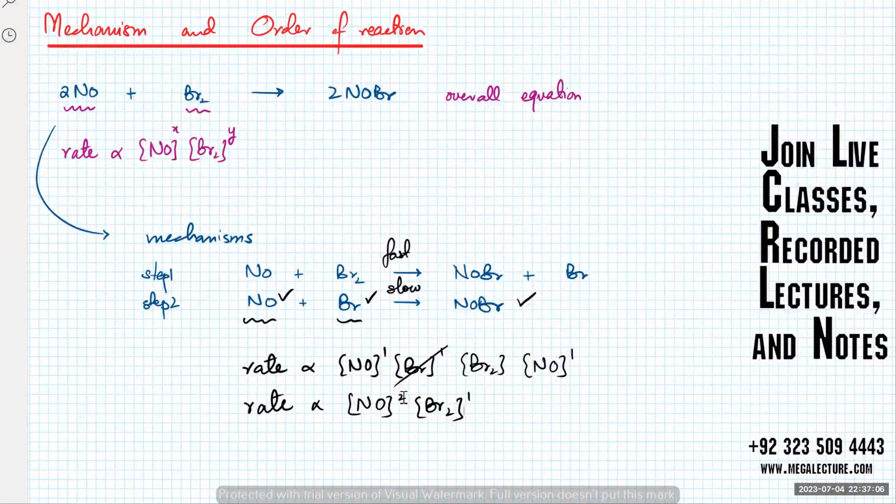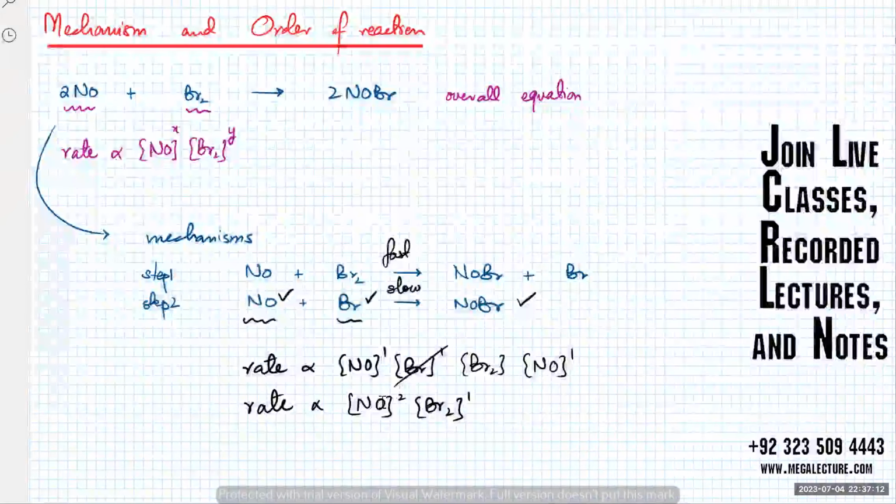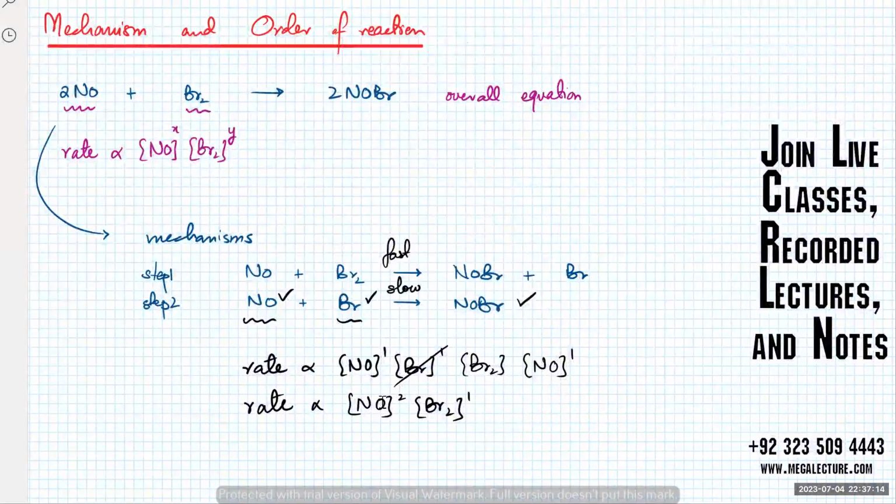Yep. So what order 2 basically means in the mechanism is that if I double NO's concentration, the slow step speeds up because you've got NO over there. But because of NO, Br's concentration would also double.